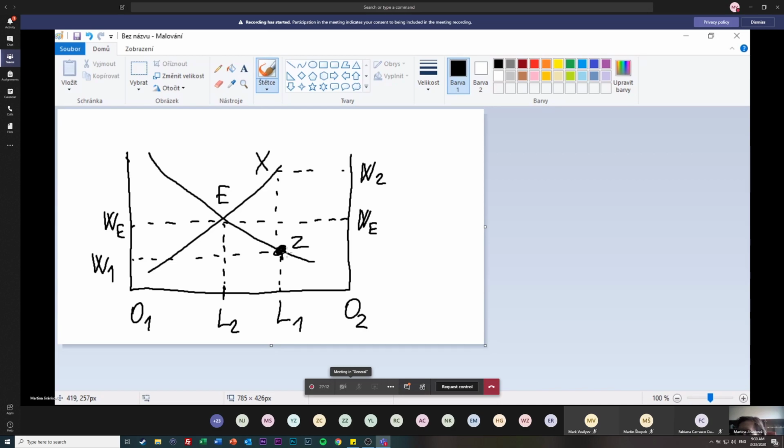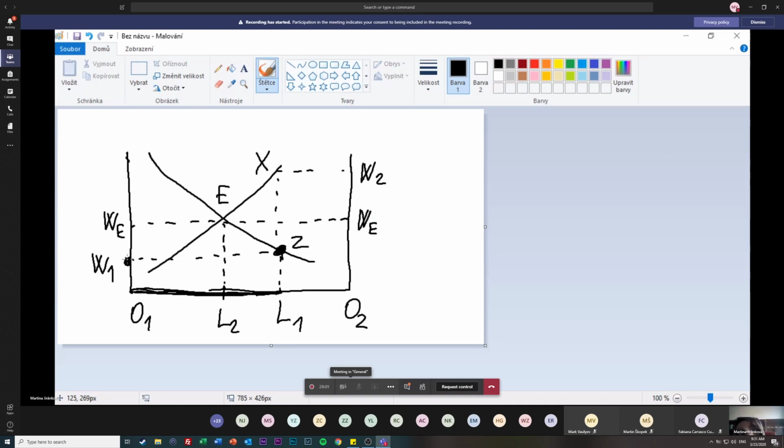The first economy has a lot of workers, O1, L1, because labor is the abundant factor, and because they have a lot of workers, their wage is relatively low, only O1, W1.